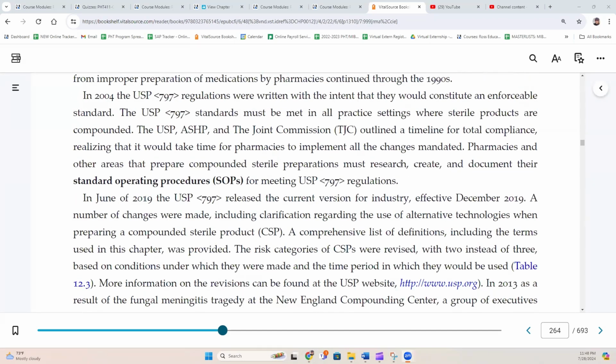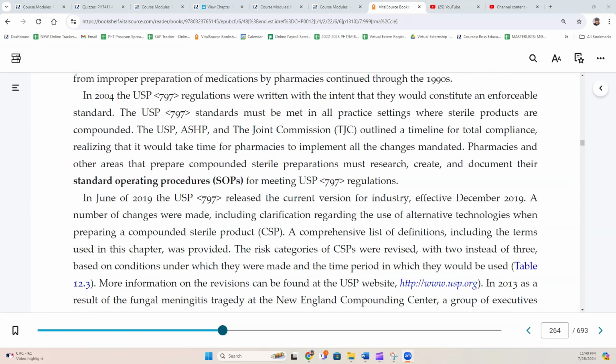In 2004, the USP 797 regulations were written with the intent that they would constitute an enforceable standard. The USP 797 standards must be met in all practice settings where sterile products are compounded. The USP, ASHP, and the Joint Commission outlined a timeline for total compliance, realizing that it would take time for pharmacies to implement all the changes mandated.